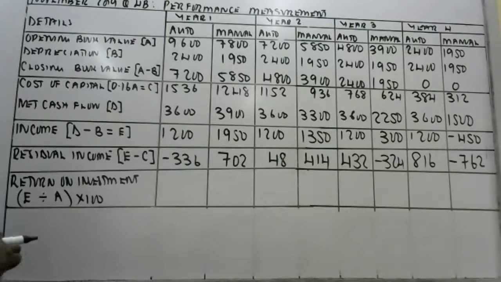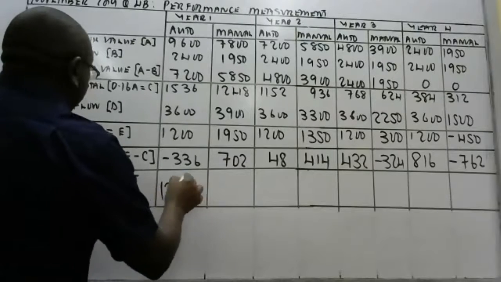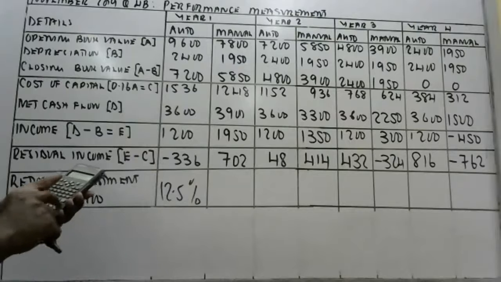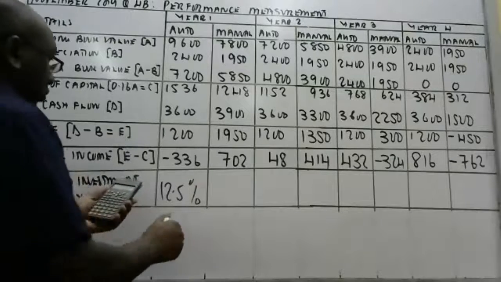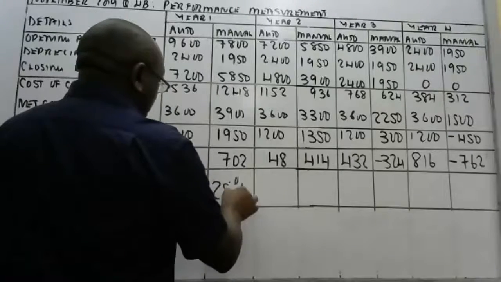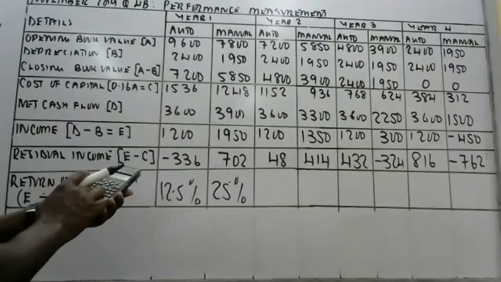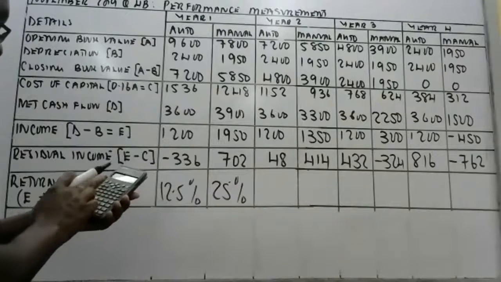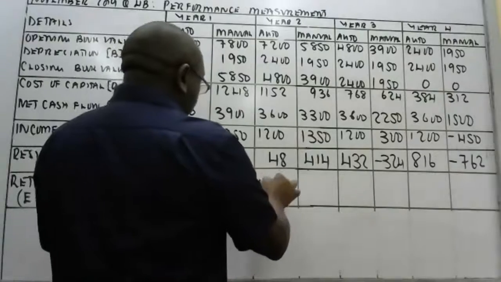When I start with the first one, I'm taking E, 1200 divided by 9600 times 100 is 12.5%. 1950 divided by 7800 times 100 is 25%. Then 1200 divided by 7200 times 100 is, let me call it, 17%.